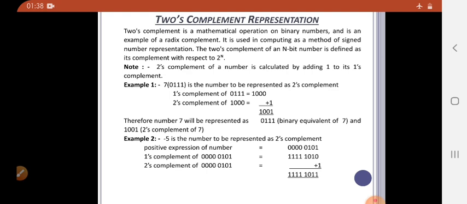If it is 2 to the power 5, then 32 numbers. 2 to the power 6, then it should be 64 numbers. According to that, here also the positive expression of the number is 00000101. Now the one's complement of this number is 11111010. Add 1 to it, you will get the desired result.